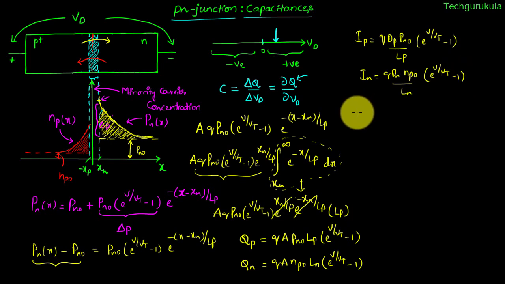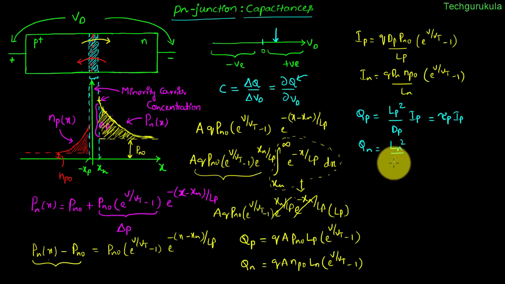We can write Qp in terms of Ip as Lp square over Dp times Ip. We know Lp is square root of Dp tau p, so Lp square would be Dp times tau p, Dp cancels, and we will have tau p times Ip. Similarly, we can write Qn as Ln square over Dn times In, which is equal to tau n times In.